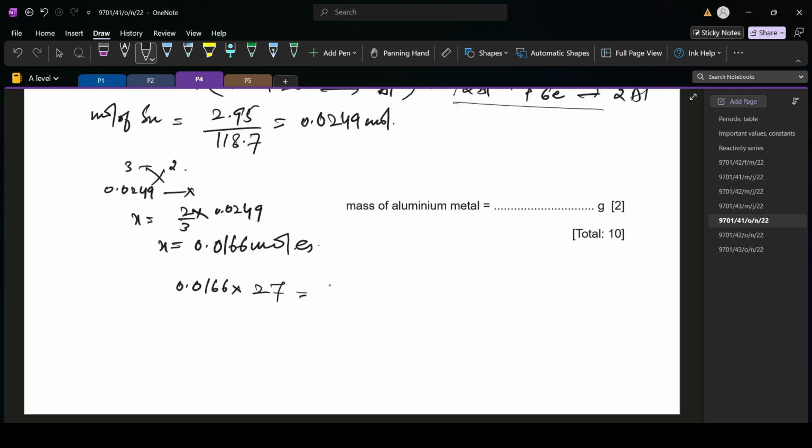So the final answer, the mass of aluminum that will be produced at the cathode, is going to be 0.448 grams. This is your final answer.